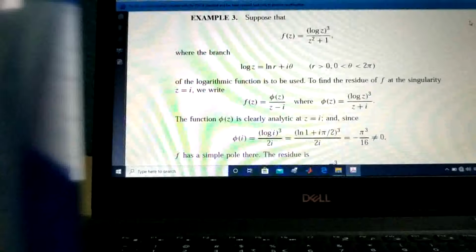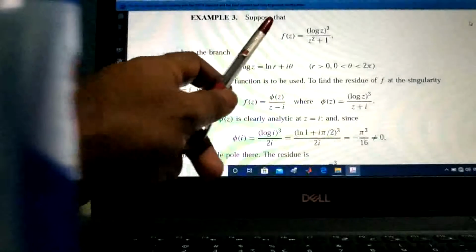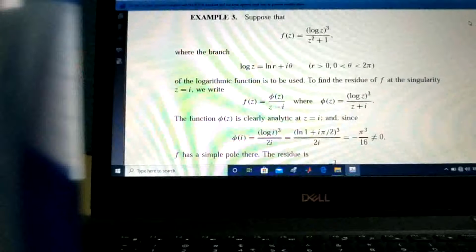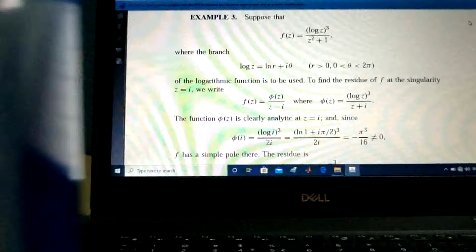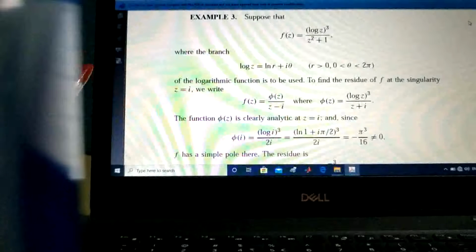Similarly, in a deleted neighborhood of z equals minus i, also the function will be analytic. So those two singular points can also be called isolated singular points.